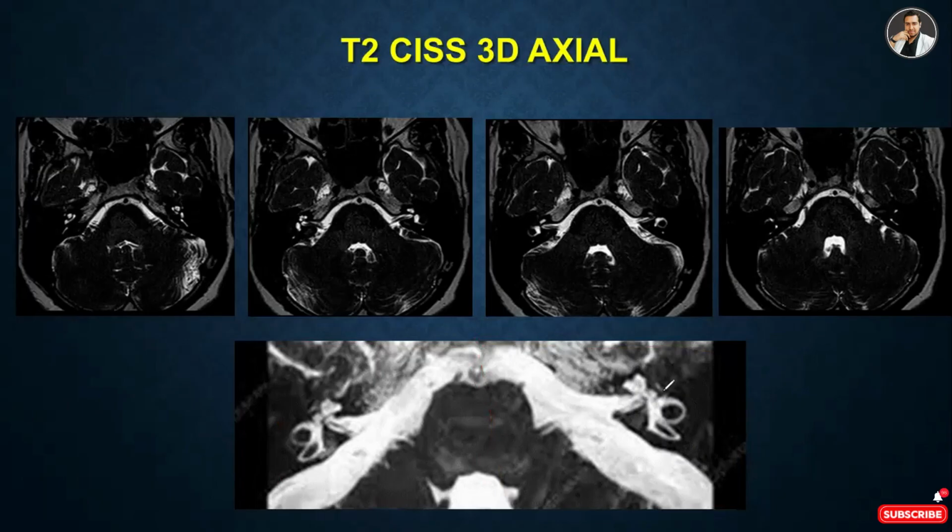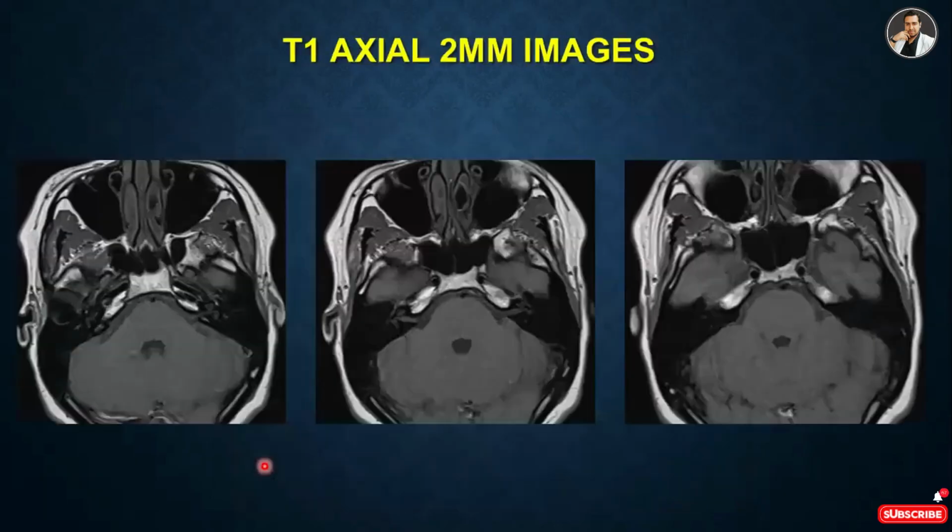I will zoom in and out to show you the results. This is the cochlear and nerve area. This is the T1 axial image of the ear. This is the ear area.